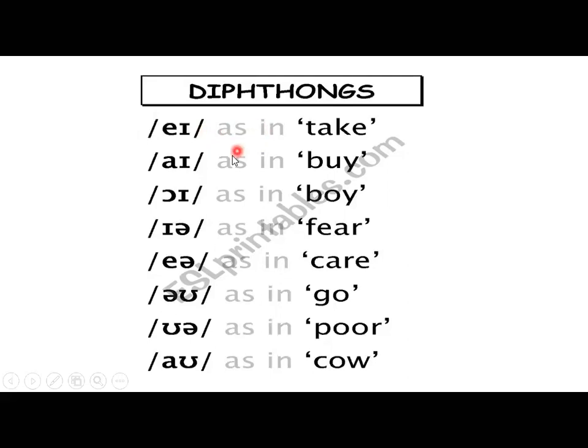Okay, next is I, as in buy, B-U-Y, or sight, or another example, kite, K-I-T-E. Though in the spelling there is an E, we don't pronounce it. The word K-I-N-D is pronounced as kind.